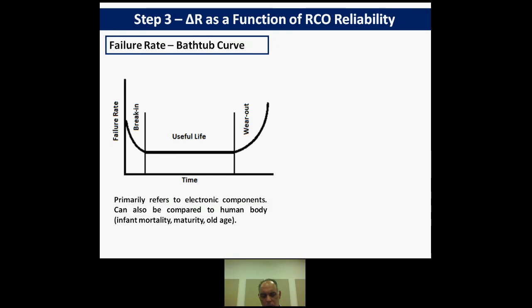So we do know, and this applies equally to humans, as it applies to mechanical systems or electrical systems, that system reliability can be distinguished in three phases.